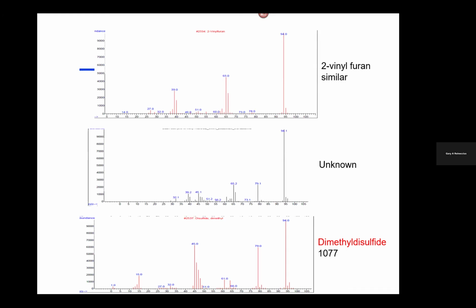So this is just looking at some other spectra in a situation where you look and say, what compound is this? It's your unknown, so that comes from your run. You find the middle one. And then the machine says that 2-vinyl furan is really quite similar.